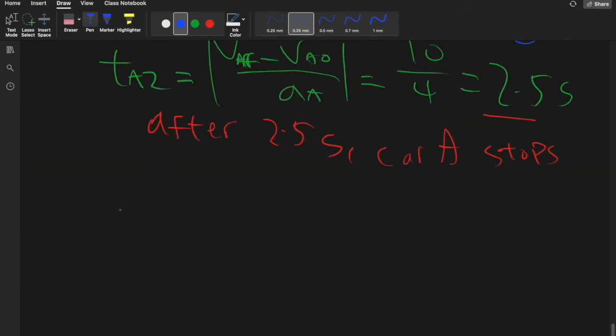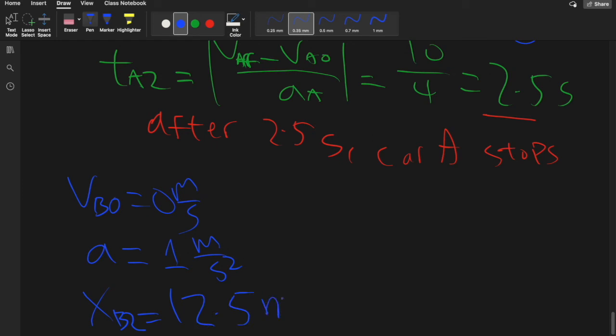So how much time does it take for car B to travel 12.5 meters? Well, we know it has an initial velocity of 0 meters per second, and acceleration of 1 meter per second squared. What else do we know? We also know the displacement for car B must be equal to 12.5 meters.